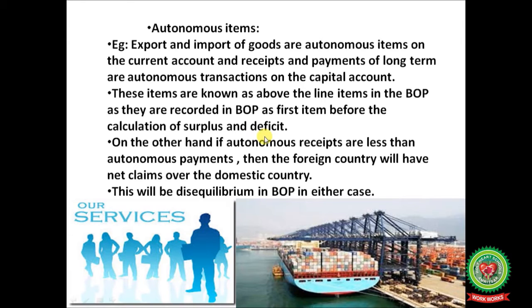On the other hand, if the autonomous receipts are less than autonomous payments, then the foreign country will have a net claim over the domestic country. This will be the disequilibrium in balance of payment in either case.